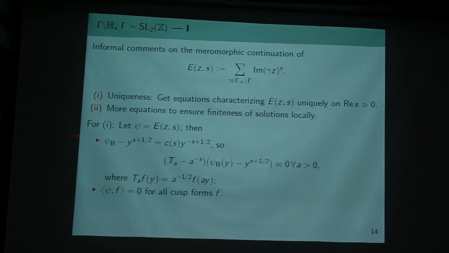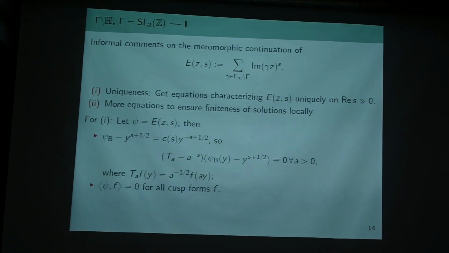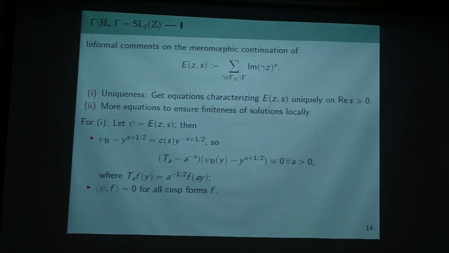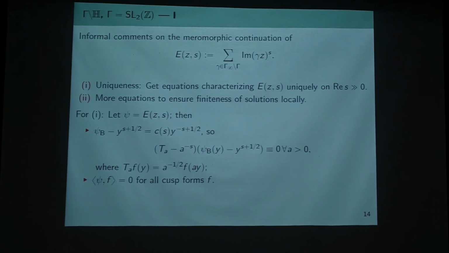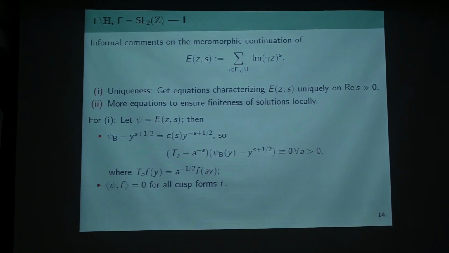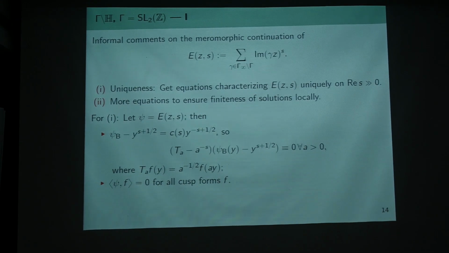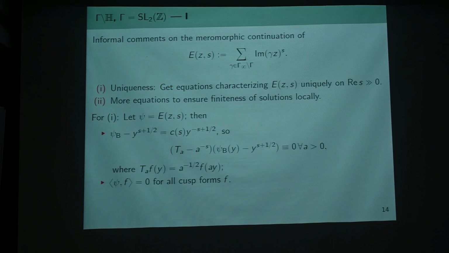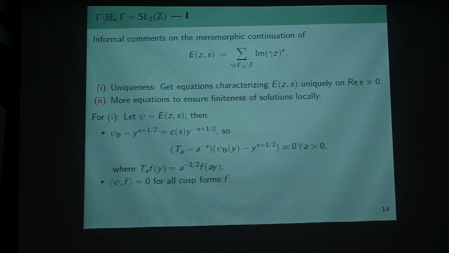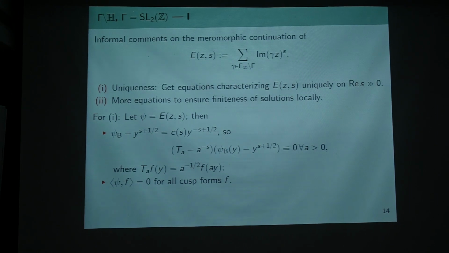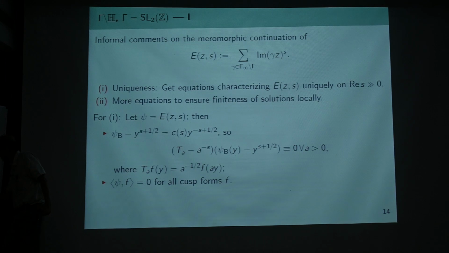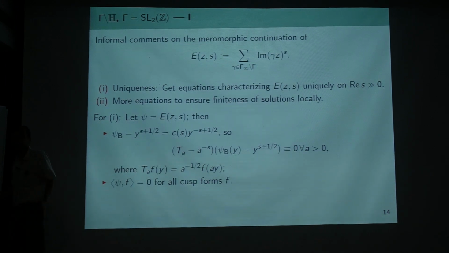If the constant term of the difference goes to 0 as y goes to infinity, psi minus E of zs goes to 0 as y goes to infinity. Because as y goes to infinity, the constant term captures the asymptotic of the automorphic form, right? And here is the thing, if an automorphic form goes to 0 as y goes to infinity, what can you say about it? Which means psi minus E of z comma s is bounded, right?